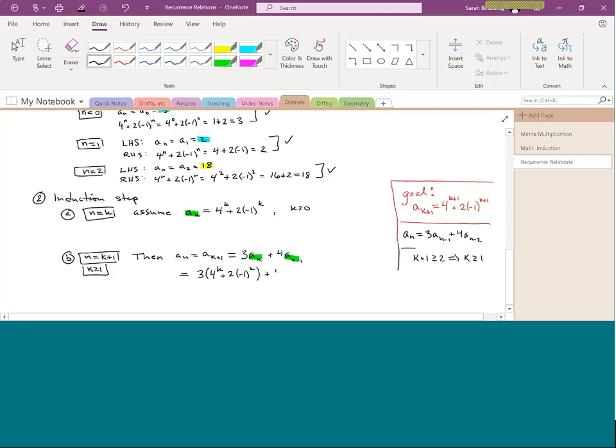Anybody have a guess of what we want to plug in for this next a with subscript k minus 1? I know it'd be complicated to type it, but any guesses of where we would look for it? What would we want to plug in there? What would be your gut reaction?